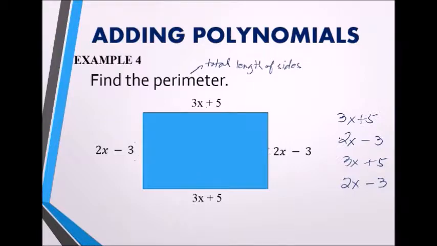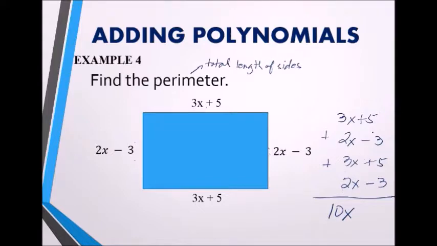Okay, so now let's add 3 plus 2 plus 3 plus 2. This is 10. So 5 plus 5 kasi siya. So, 10x. Then, 5 plus 5 is 10. 3 plus 3 is 6. So, parang 10 minus 6 siya. Okay?